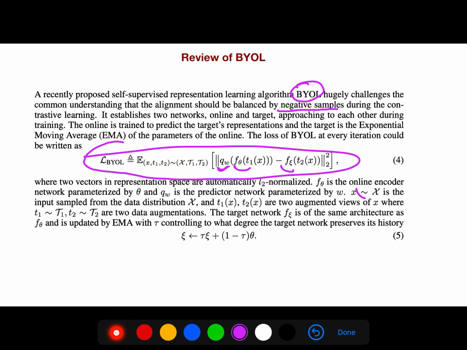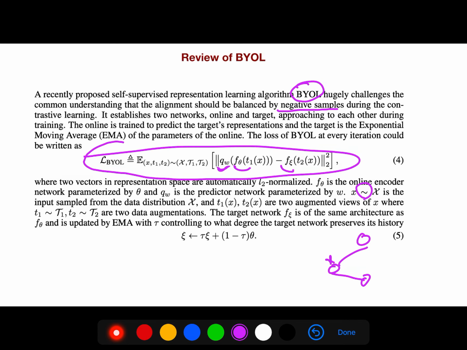And x is drawn from the data distribution. T1 and T2 are augmented views of a single x. We have two augmented views, where T1 and T2 are drawn from the distribution T of augmentations.